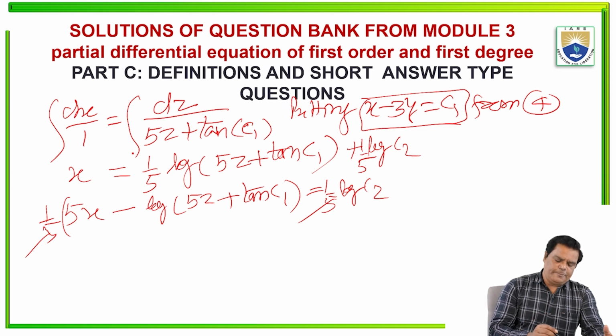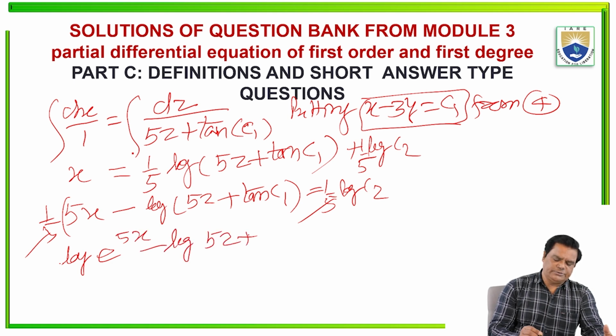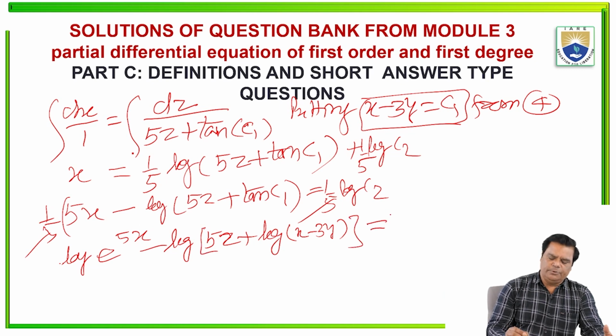This is the second solution. Log e to the power 5x minus log 5z plus log x minus 3y equal to log c2.